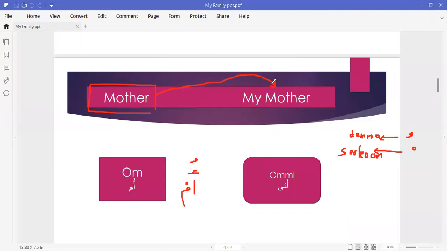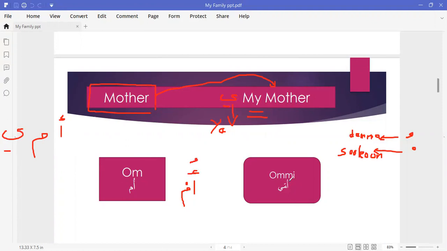If you want to talk about your mother, my mother. My, as we said, goes for the letter ya. This is the letter ya, if we don't know. So we have here a, ma, and ya. Mother is what?